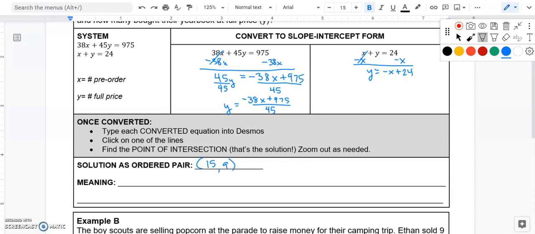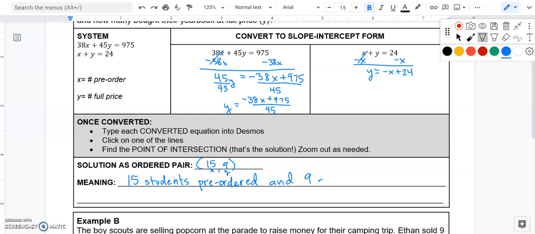(15, 9), okay? But this is a story, so I have to see what that actually means. So this is x and this is y. So I tell myself what this means, okay? So this means that 15 students pre-ordered, and 9 is y, which is the full price.